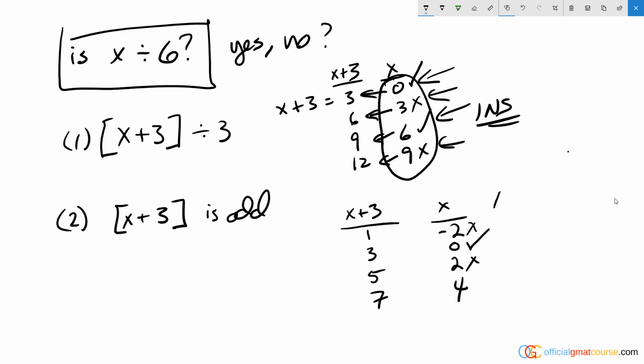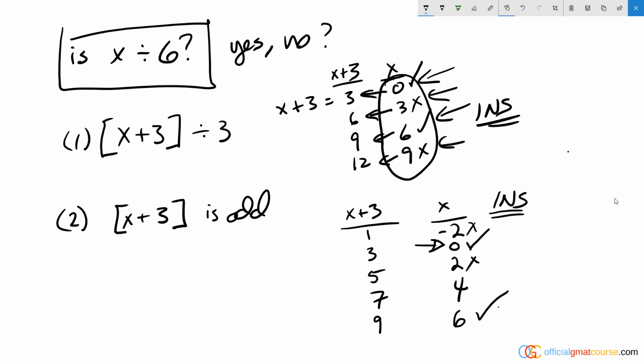And so this is also insufficient. We could have kept going and said the next one is 9, and this would then have been 6, another divisible by 6 as a yes. But we were able to stop because we remember that 0 is divisible by every number.